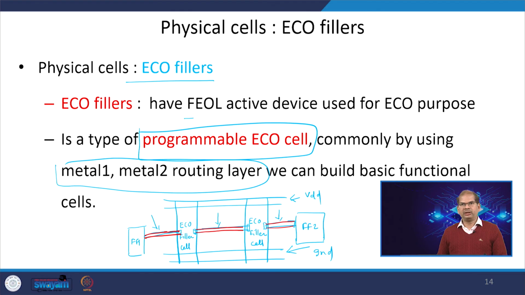This ECO filler is acting as a buffer, but there is also an ECO filler with different functionality. We can use different metals and create different functionality. If my logic is wrong, I can resynthesize the RTL, add some new logic and reroute the design such that my chip can work again.